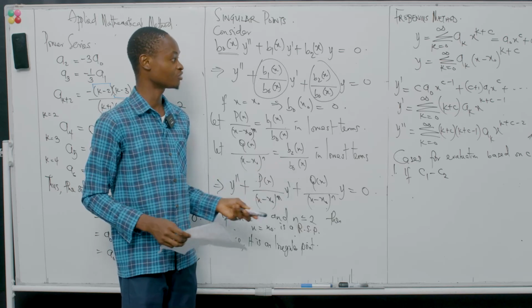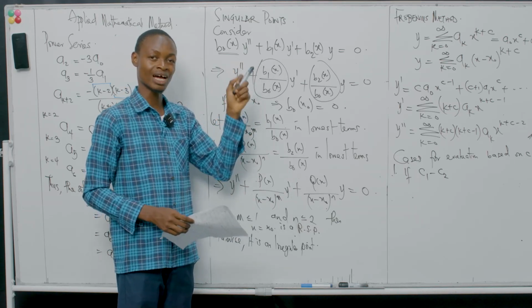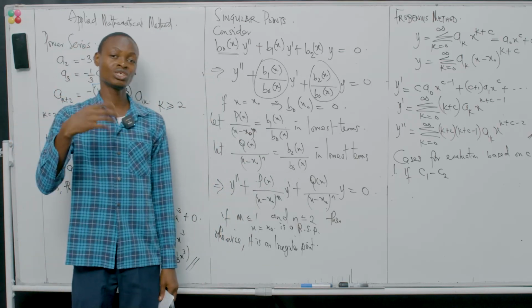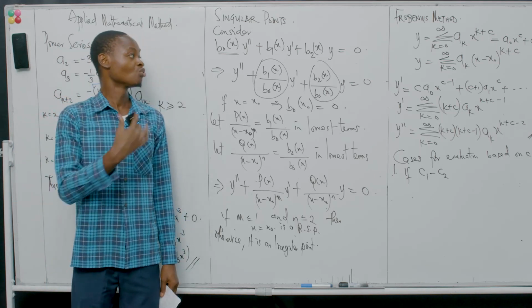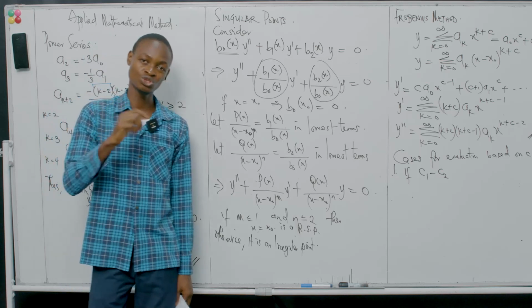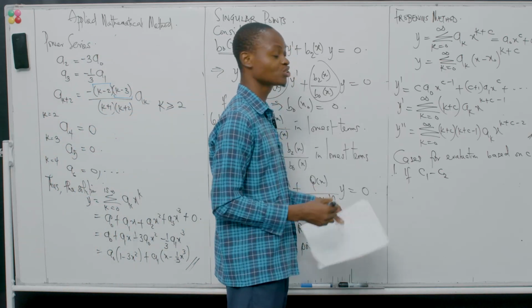The reason why we always have two values is that we are considering a differential equation of second order. So even if we were to use the normal complementary solution that we do for complementing a particular solution, we would still have m squared plus whatever. So we would have two solutions basically. That's not a problem. So we would have two values of c.